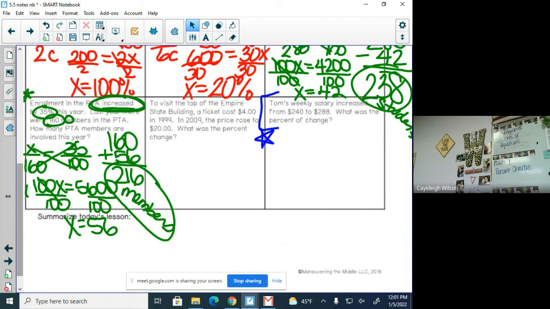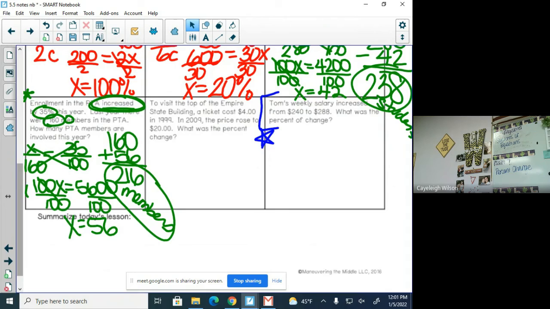Think about what is the original amount, what is the new amount, how much did it change by, and then start plugging them in where they go. So what's the original? What's the new?